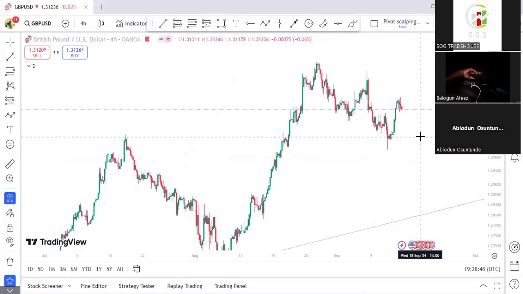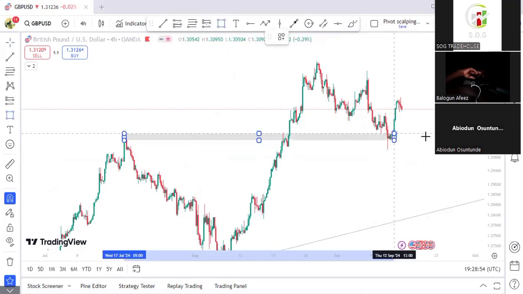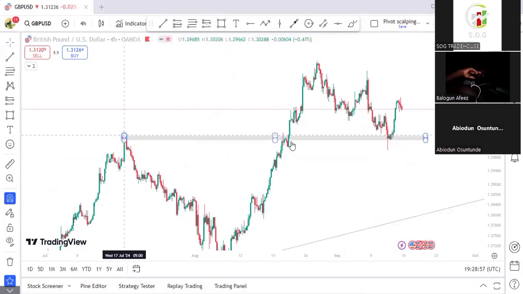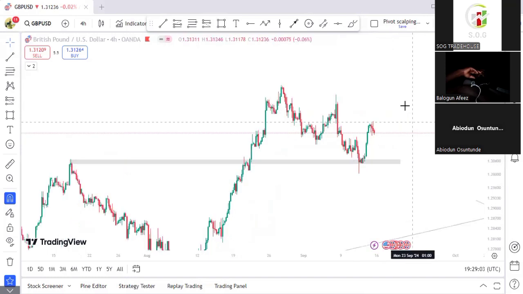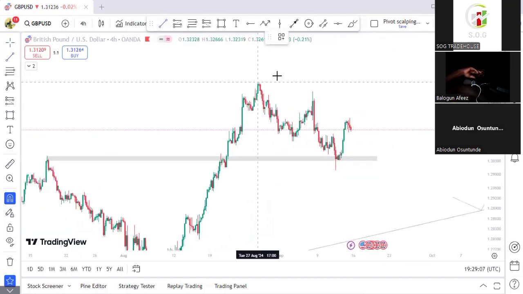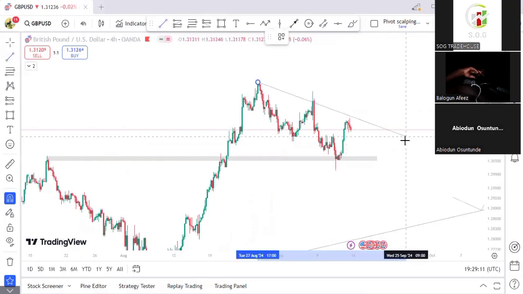Looking at GBPUSD, you can see it is respecting this level of support over here. Resistance broke out and now it became support. We can also connect our trend line on this. You can see the first touch, second touch.